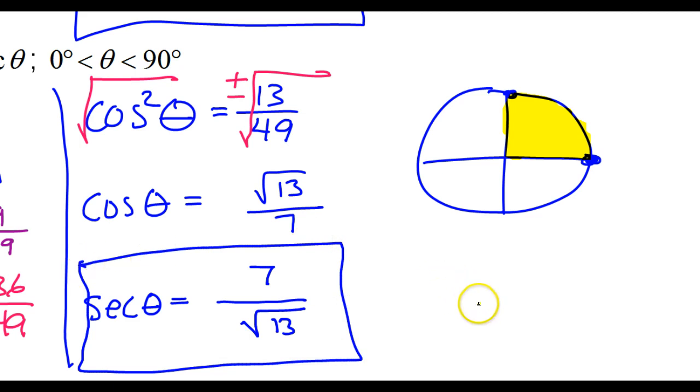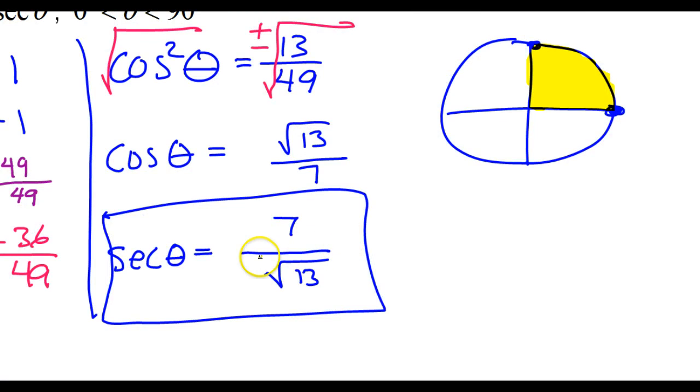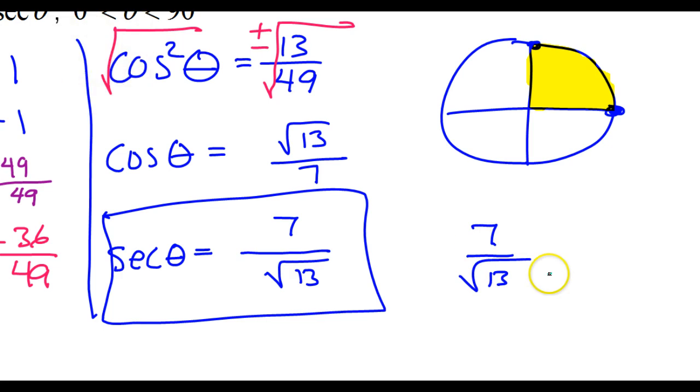All right, I have not been rationalizing the denominators, but since this is the last problem, let me just remind you that if we wanted to, or like say if you're taking the SATs or something, and you do a problem like this, and you're getting 7 over radical 13, but then you look at your choices, and that's not one of the choices.